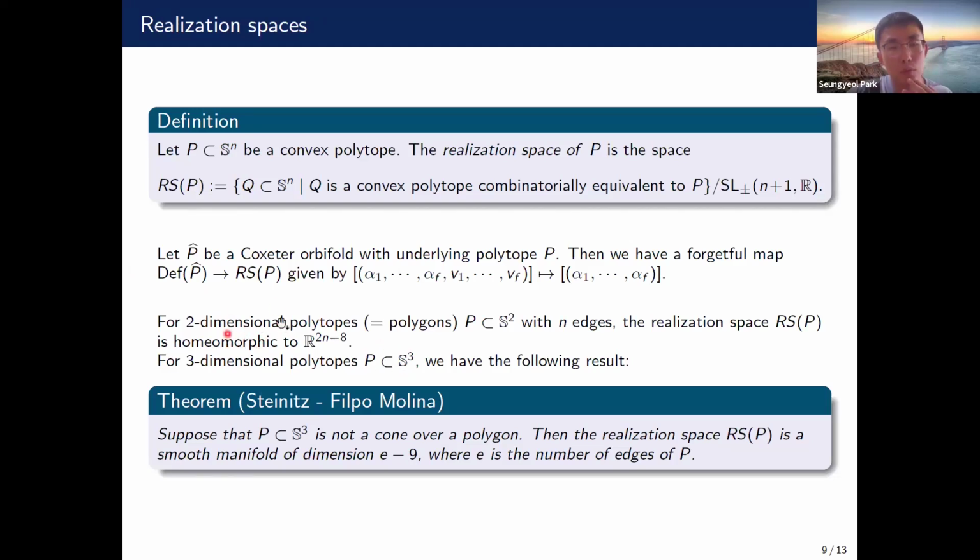For example, if our polytope is two-dimensional, the realization space is actually homeomorphic to R^(2n minus 8). Here, n is the number of edges. One heuristic way to see this is that whenever we are given an n-gon, to build it we have to find these n edges.